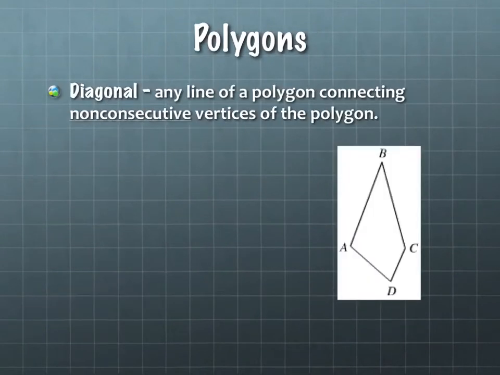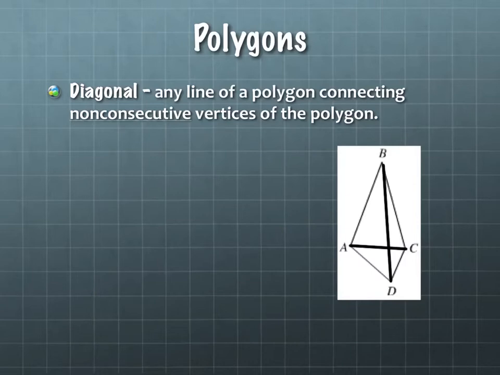Quadrilateral has 4 sides. So on this one, there are only 2 diagonals. There's diagonal AC, because A is connected to B and D by line segments. So AC is a diagonal, and BD is a diagonal as well. But the more sides your shape has, the more diagonals you will have, not always consecutively.